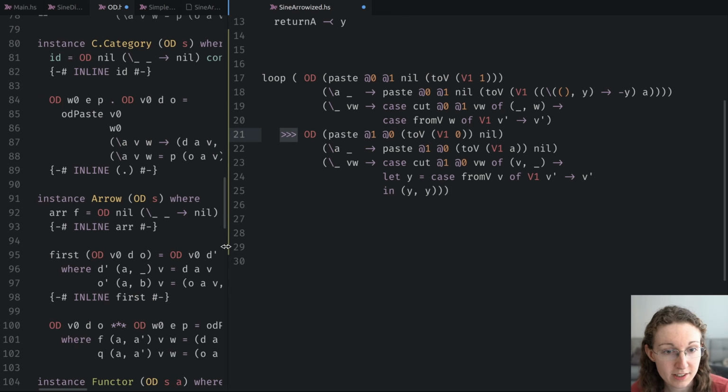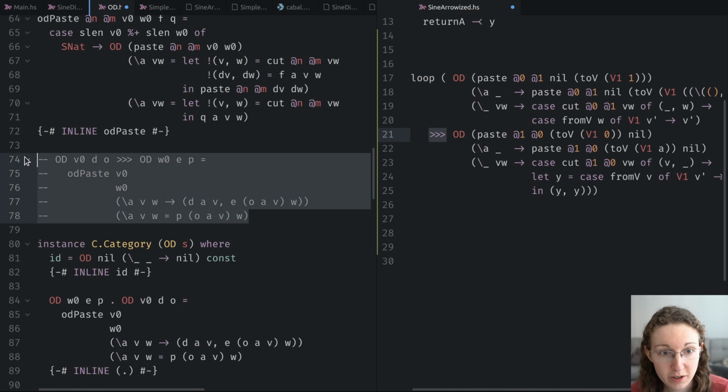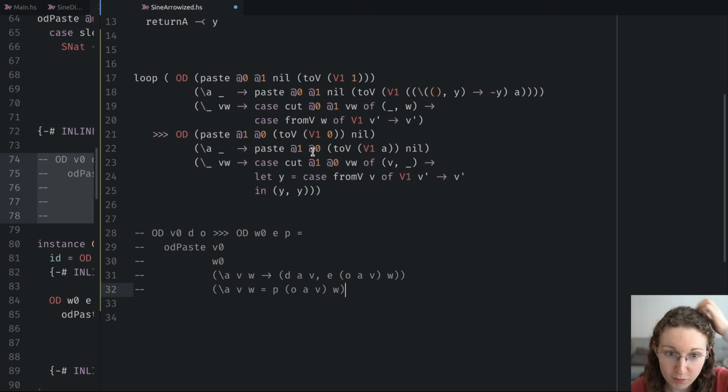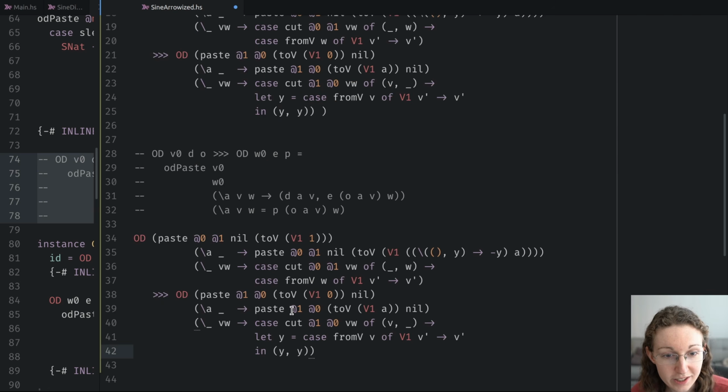So once again, that's going to involve this definition here, but this is going to be more interesting than the last couple times we've done this, because now we've got a lot more going on. So I'm actually going to continue to record this just so that you can see all of the gnarly details.